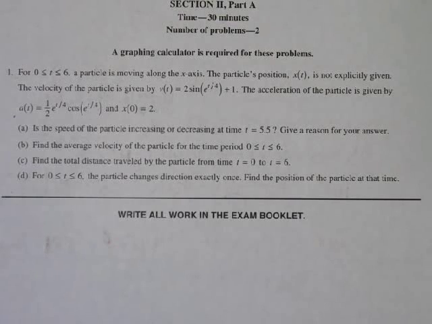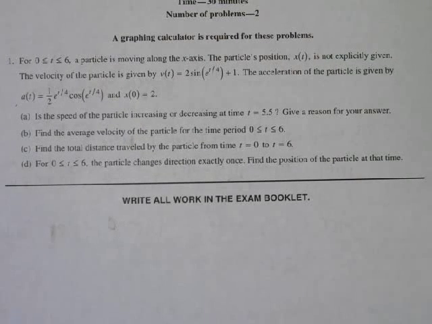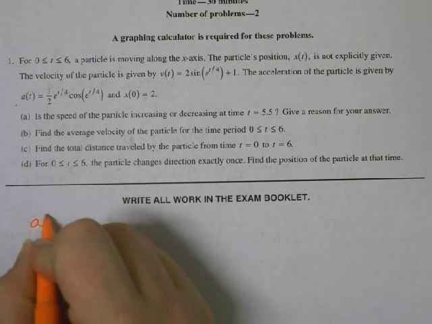Oh, I had an error. Did you make sure you put it in radian mode? Did you make sure you picked make default? I keep seeing the error. 2 sine e to the 5.5 over 4.